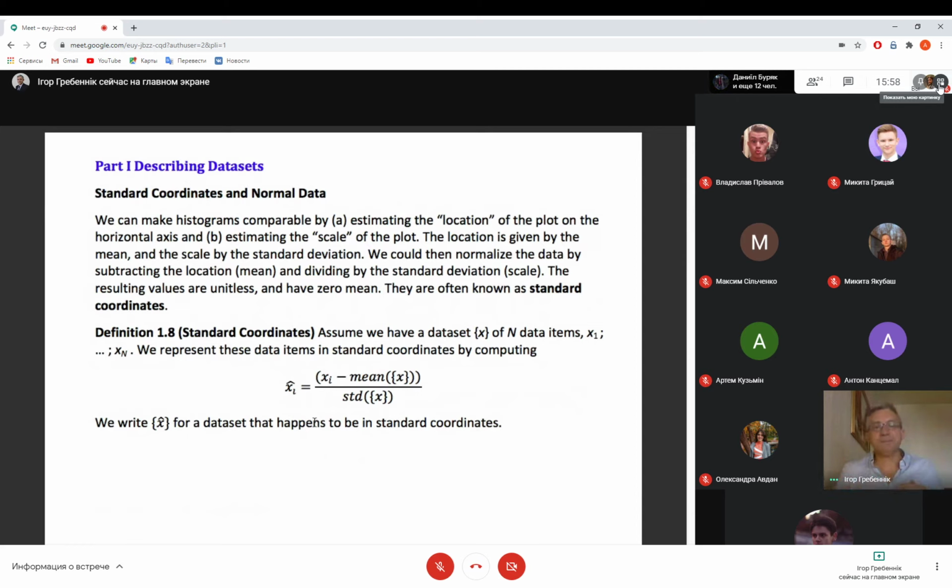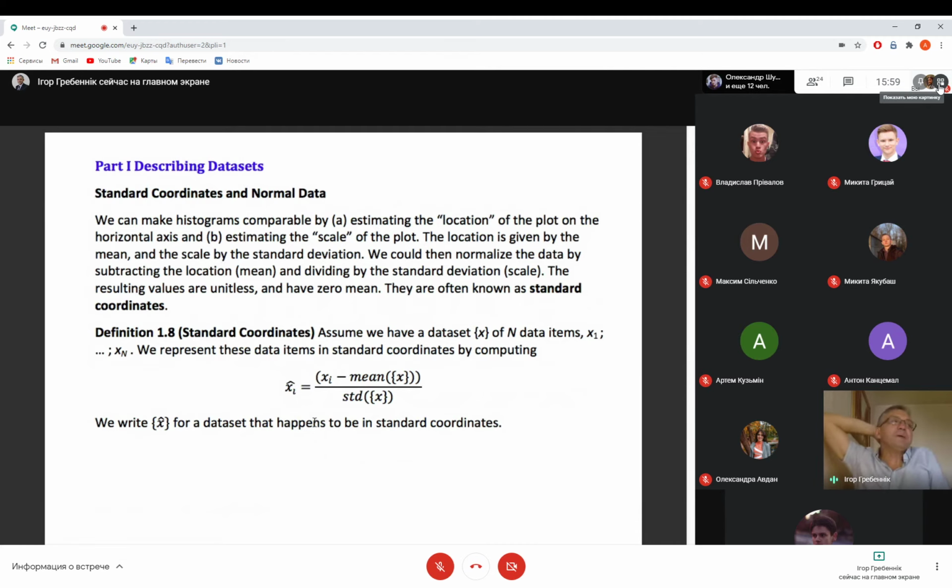The next step in data science, in theory of probabilities, in mathematical statistics is a very important thing which consists in standardization or normalization of the data.